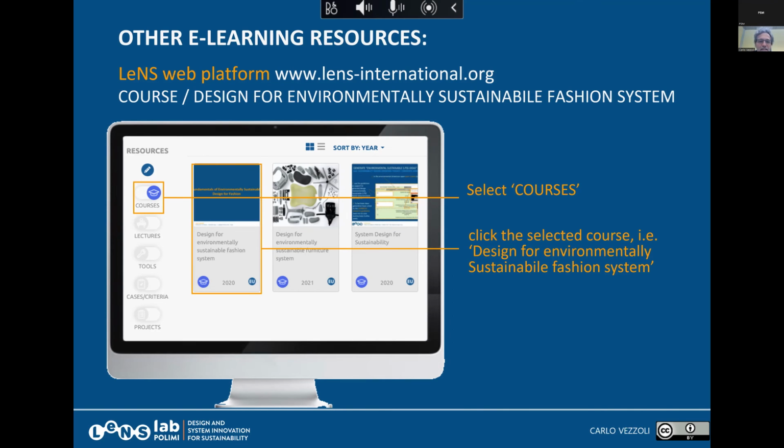And there is a course on design for environmentally sustainable fashion system. There could be something more than what we are going to say in this course, and we will inform you about that.